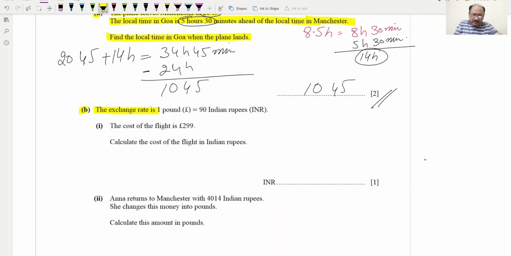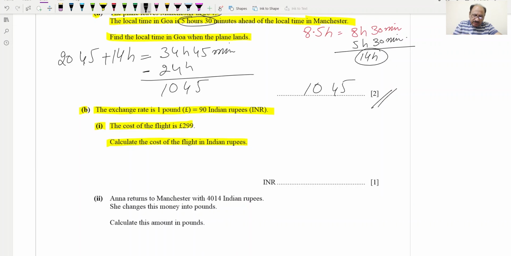B part, the exchange rate is 1 pound to 90 Indian rupees. Part 1, cost of the flight is this much. Calculate the cost of the flight in Indian rupees. So we have to shift from the heavier currency to the lighter currency. Heavier to lighter is always multiplication by the conversion ratio.